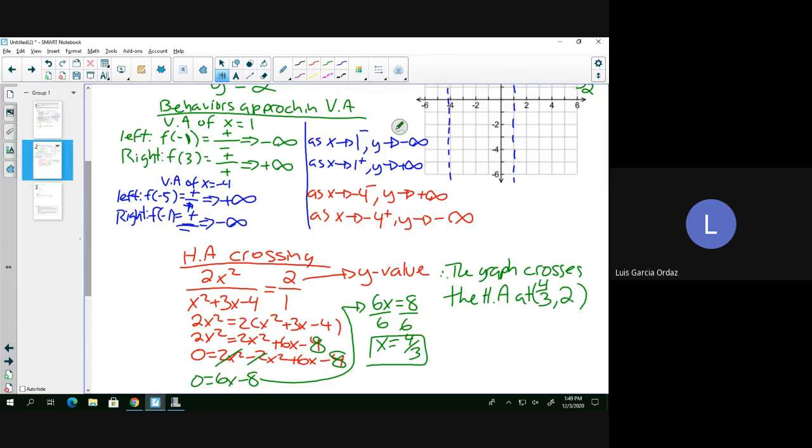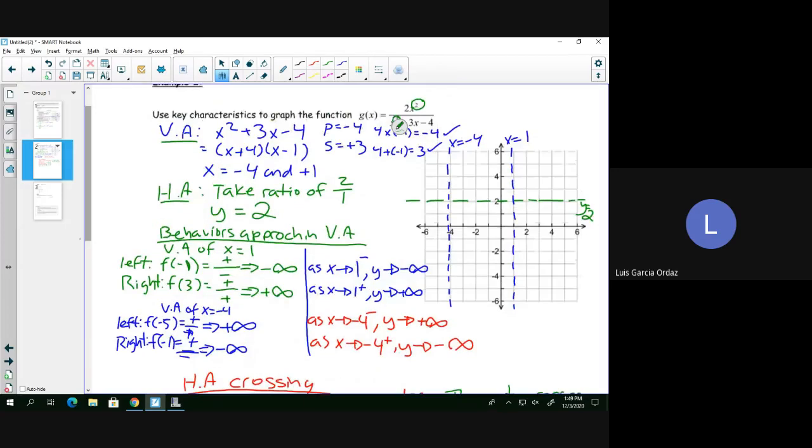So now we barely have any points for this graph, but we can use the behaviors to help us graph out this function. So we have a point at 4/3 and 2, which is 1.33 and 2, which is over here. What would our y-intercept be if we set x equal to 0?